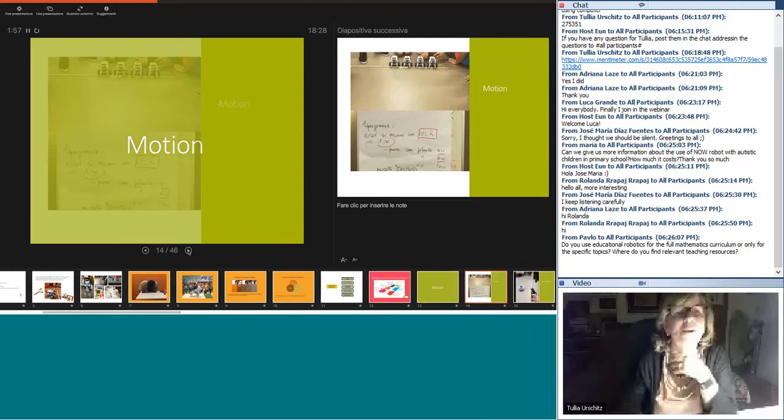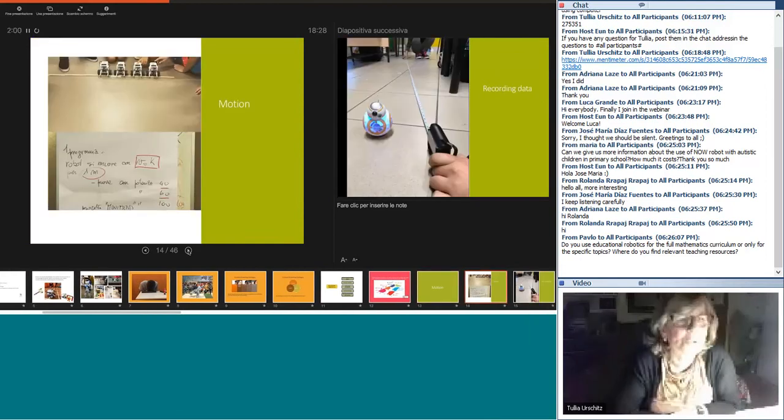One example with which I want to start is this one, the one on the left. The one on the left is the way that I usually present robots to my students.